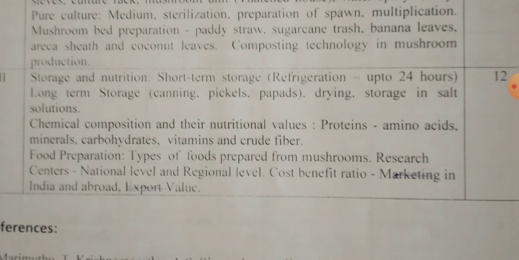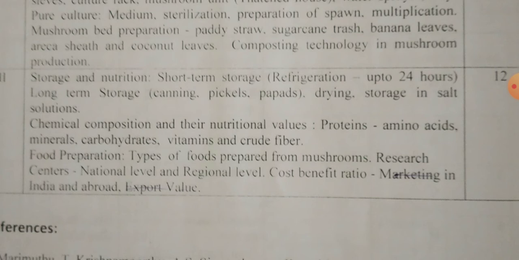Most of the time mushrooms have a short lifespan, so you have to keep them in preservatives for the short duration, that is you have to use them within 24 or 48 hours. Some of them are stored for long use, so you can prepare pickles, pates, canning, and so on. Or sometimes you can go for drying, using salt or some solutions for the drying purpose.